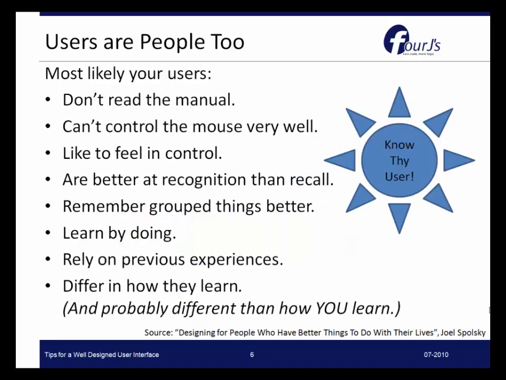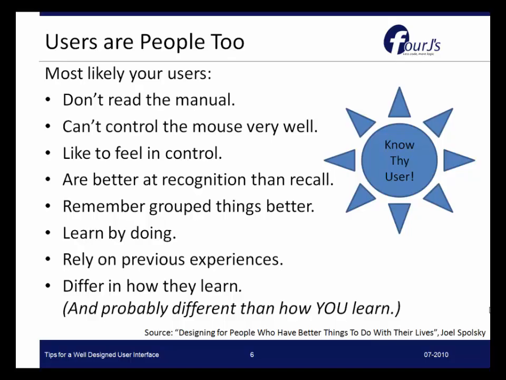Now, it's good to remember that your users are key to this process, and users are people too. We are reminded of this by Joel Spolsky's Designing for People Who Have Better Things to Do with Their Lives.